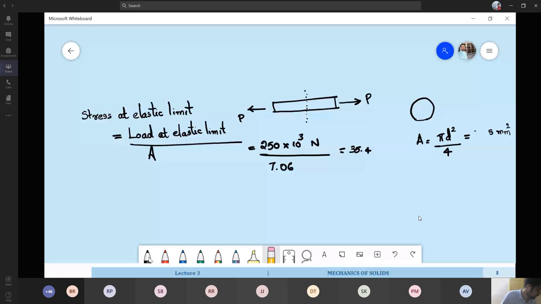And what about the percentage elongation and percentage decrease in area? You can calculate, right? Can you show me the question?